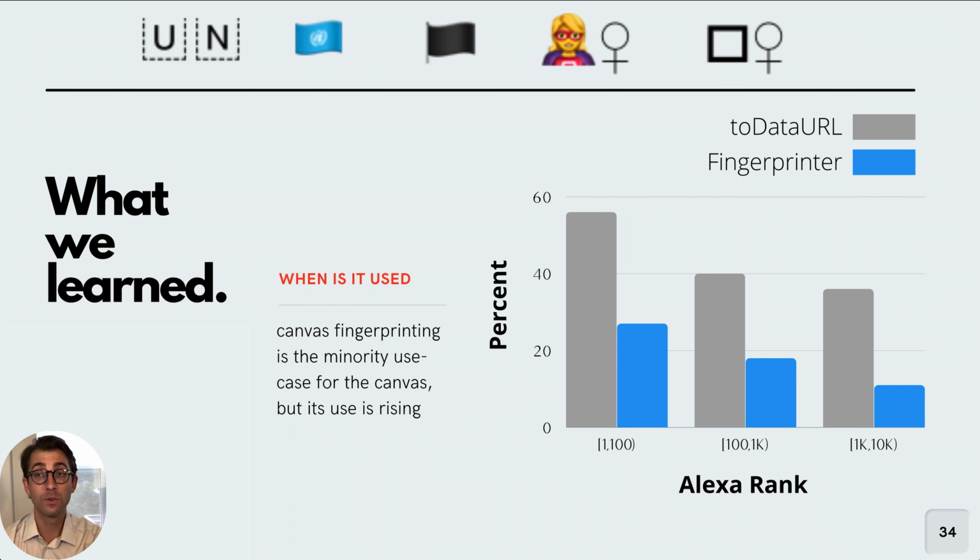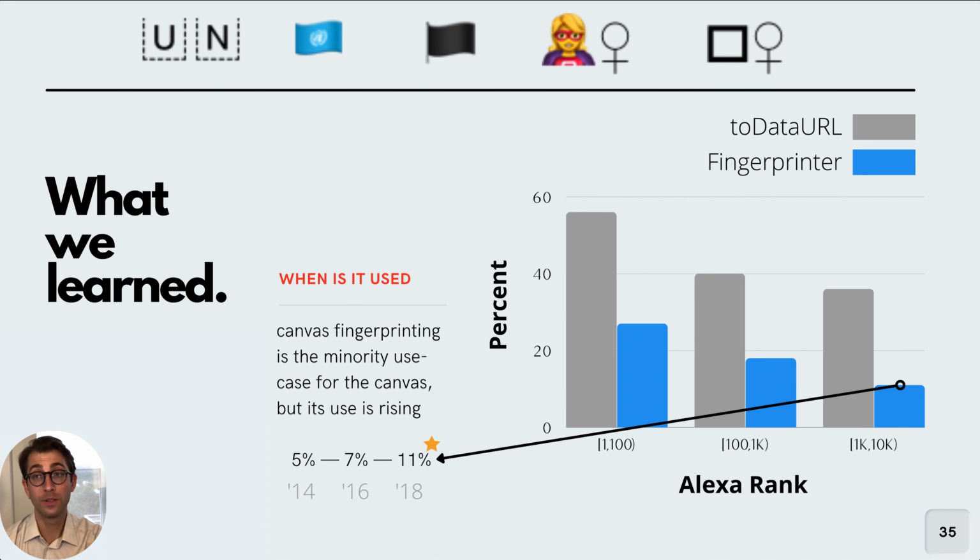So here we have intervals of Alexa rank, the 1 to 100 category, 100 to 1000, and 1000 to 10,000 listed along the bottom. On the left, we can see the percentage of websites that fall into that interval that are associated with either using ToDataURL in gray or using ToDataURL for a fingerprinting purpose in blue.